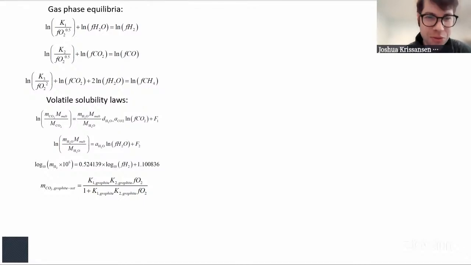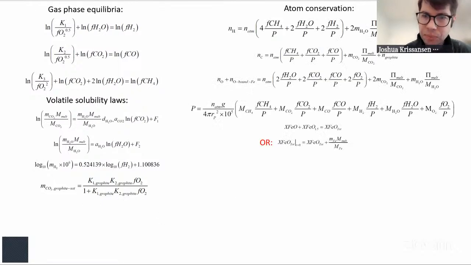But for those of you that are curious about the details, just to quickly say what's going on under the hood here, we're calculating gas speciation with equilibrium reactions. We have volatile solubility laws to describe how hydrogen, oxygen, and carbon-bearing species are dissolved. We try to take into account graphite saturation.